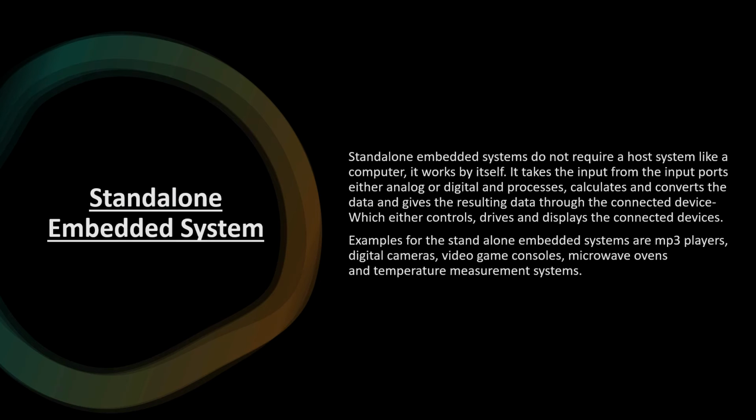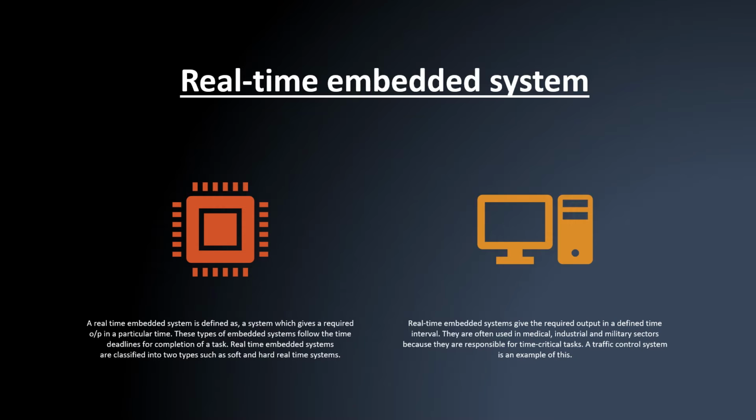What is a standalone embedded system? A standalone embedded system doesn't require any host system. A host system is like a primary domain system. It takes input from the input port, processes it, converts it into data and gives us a connected output. Examples are a PlayStation, a digital or mirrorless camera, and a temperature measurement system.